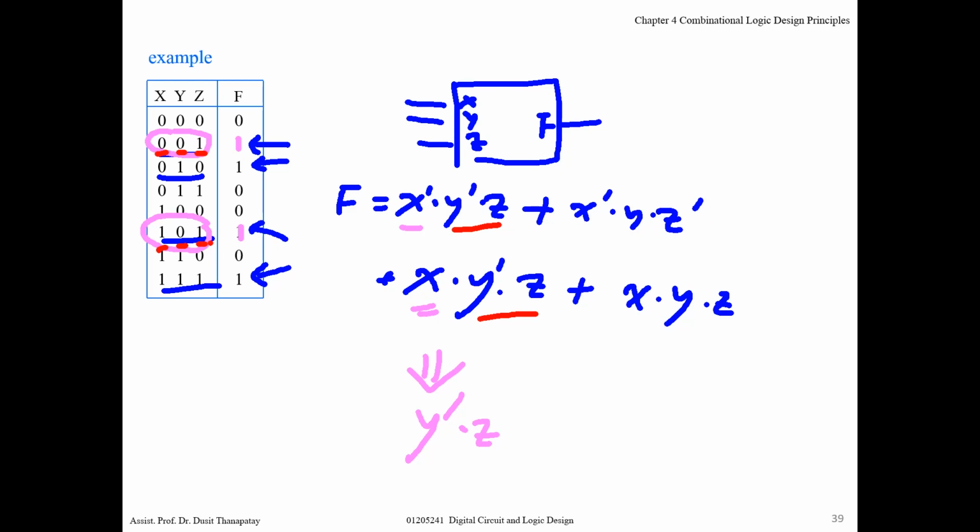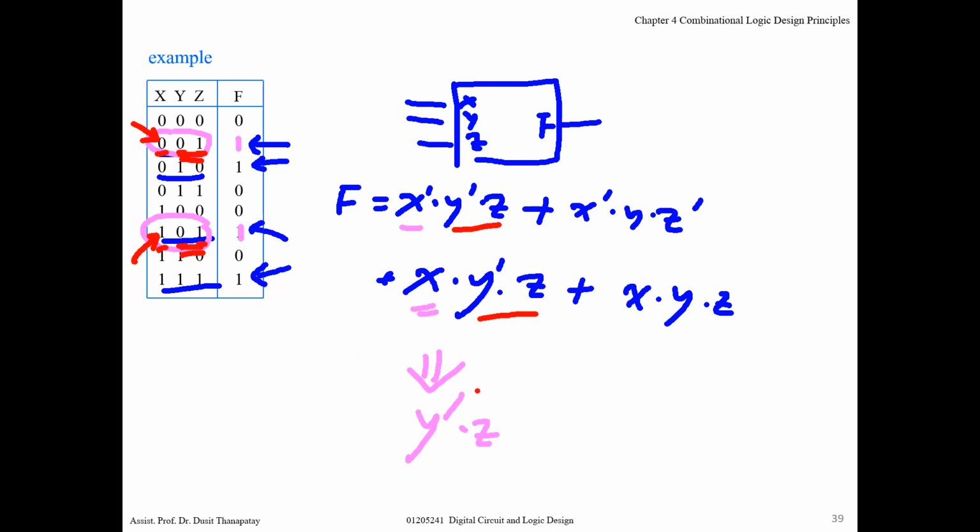So based on these two terms, the output will be 1 when y is 0 and z is 1. It does not depend on the value of x, right? X can be 0 or 1, it does not affect the result. Just y, z equal to 0, 1.